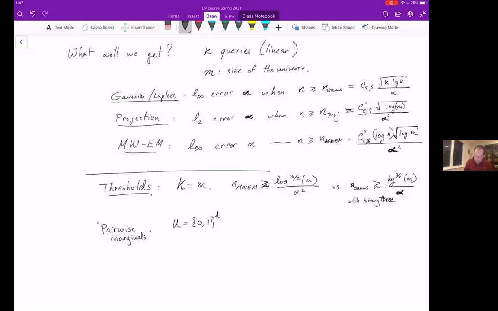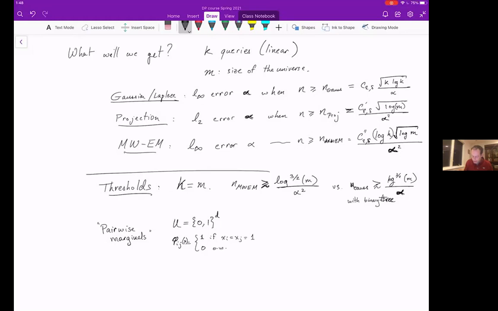I won't write down all of those queries, but a subset of those queries that's interesting is when the little phi function that defines the query, and I'll remind you of this notation in a little bit, but we'll just go through quickly here, is 1 if on input x, it's specified by two attributes, two coordinates of the vector, and if both of those coordinates are equal to 1, then we count that, and 0 otherwise.